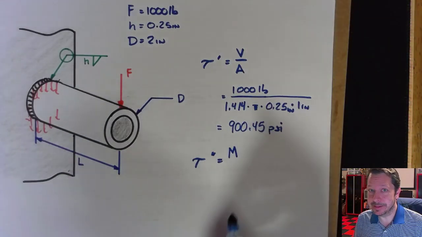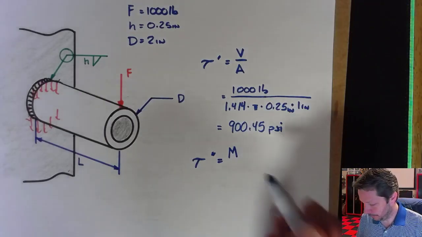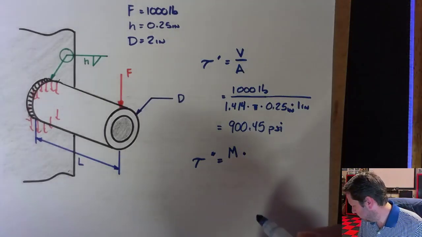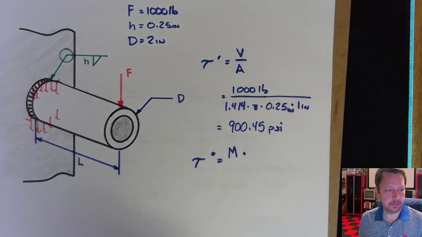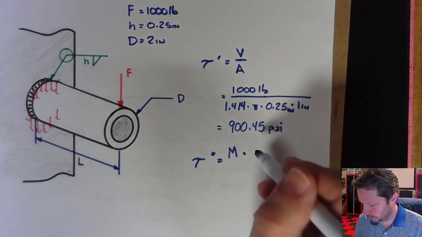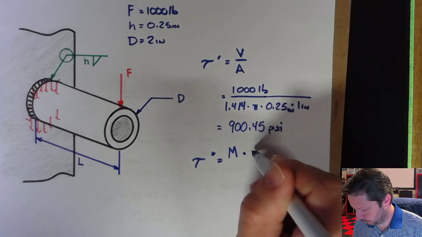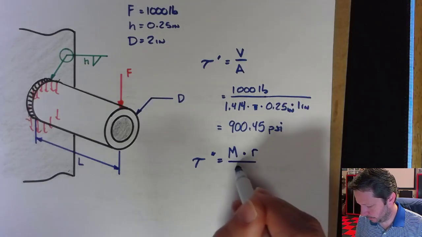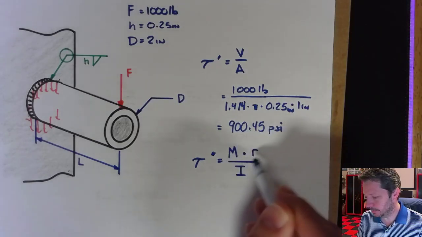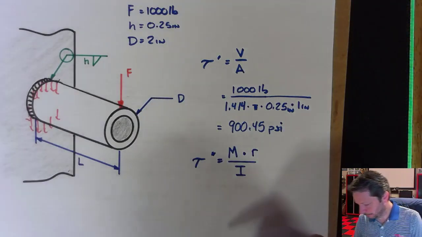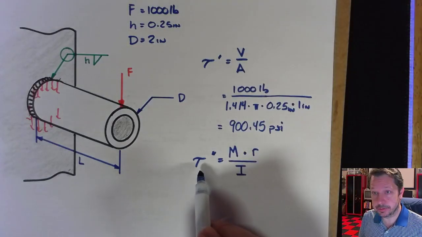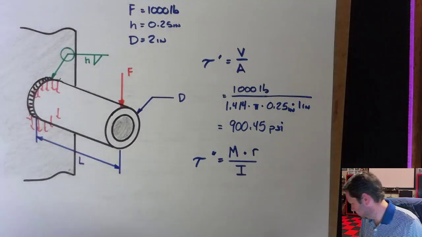It doesn't matter. This is the same units and everything, so whatever you want to use. M, I think your book uses R again. That might get confusing because we already have an R, although in this case the R is what we need. So we'll leave it over I. You might have seen this equation MC over I before for a bending type stress, although we are assuming this is shear stress.